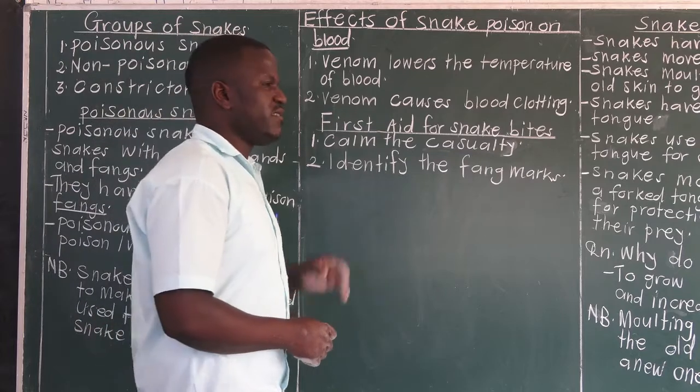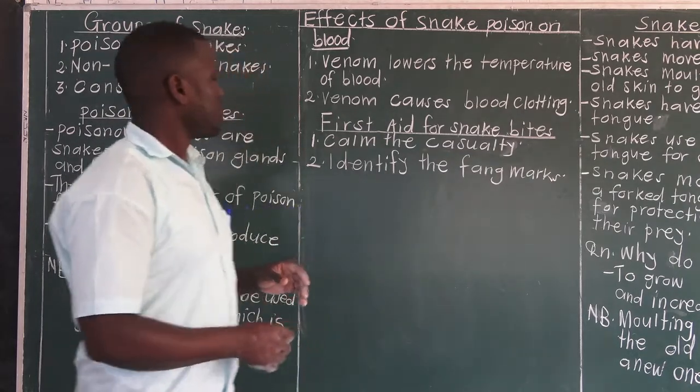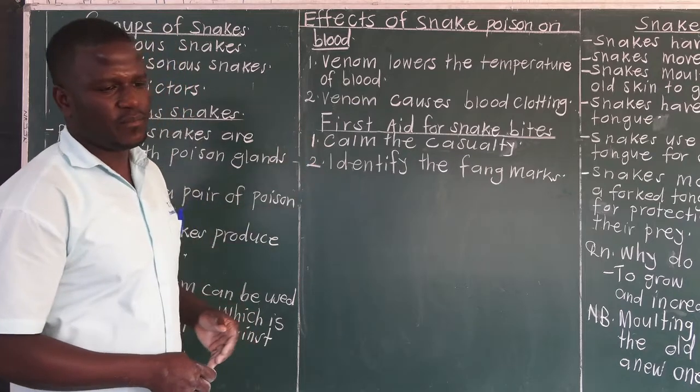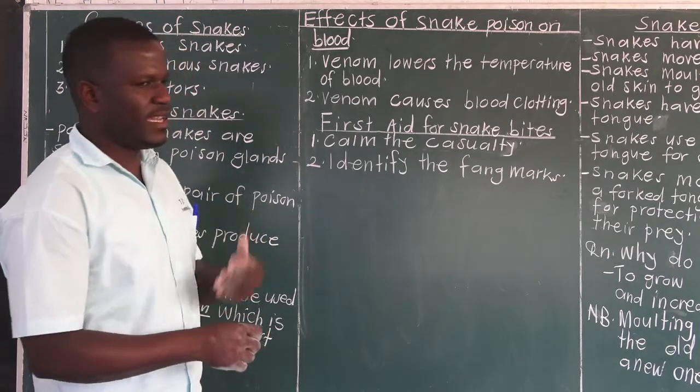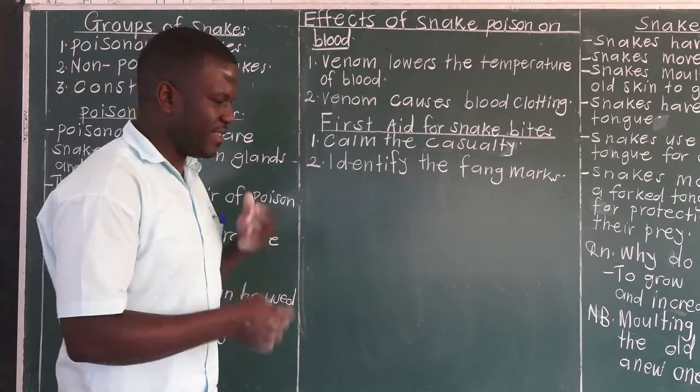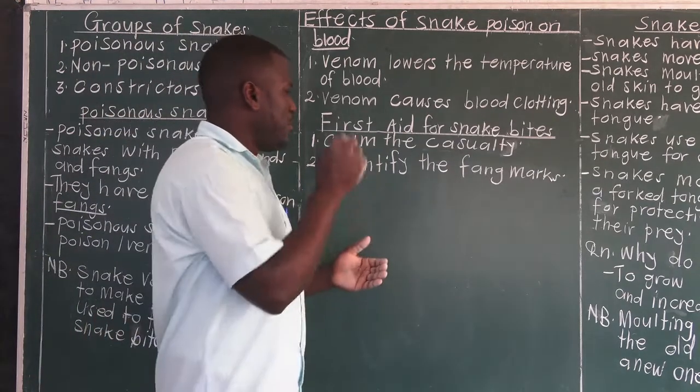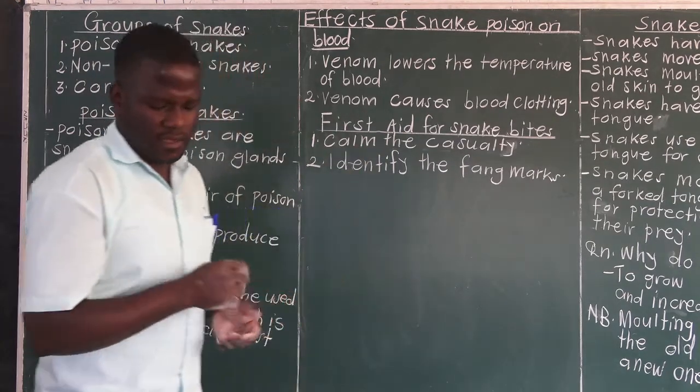Identifying fang marks is very, very important. You have to identify where the snake has bitten the victim. Is it the leg? Is it the hand? Is it the back? Where exactly? Identify the fang mark, the point the snake has bitten the victim.